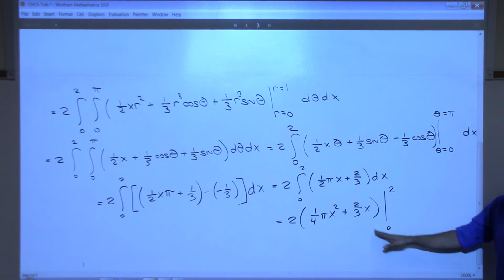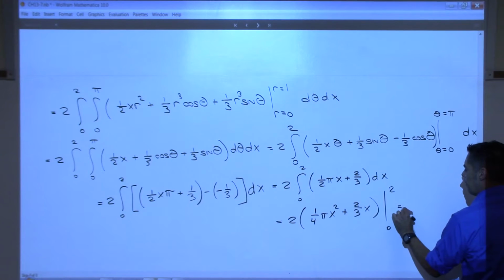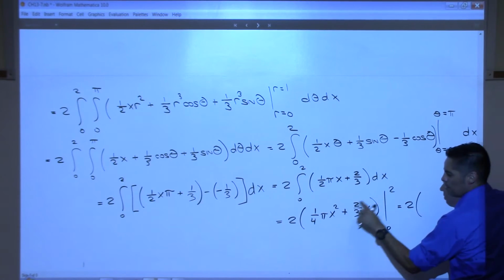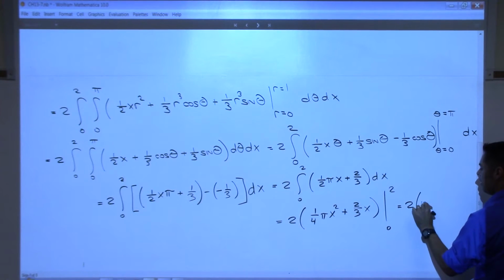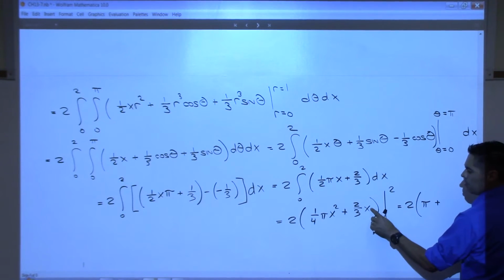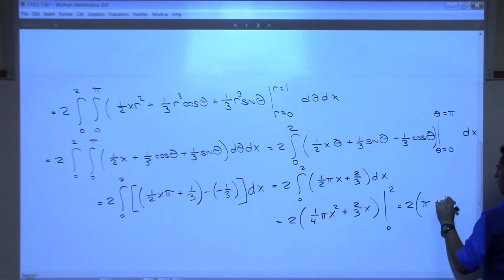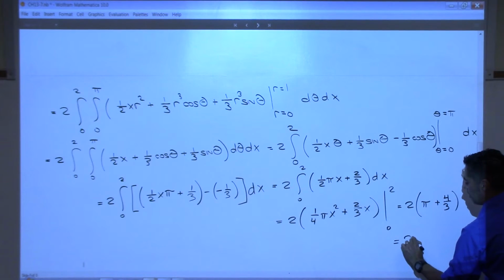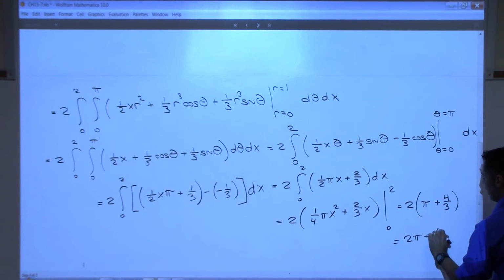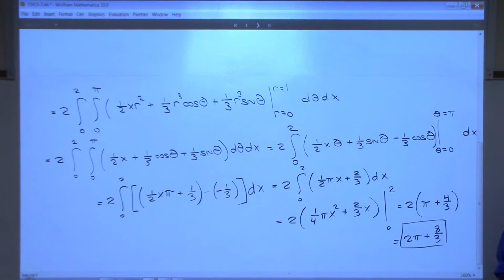When I plug in 0, it's all gone, right? When I plug in 2, let's see what I get. 2 squared is 4, but then 1/4, so just pi, and then plus, plug in 2 here, 4/3, but then times 2. Oh, wait, sorry, I haven't done that yet. 4/3 like that. And then you can distribute the 2 through: 2 pi plus 8/3, which is the same answer you would have got had you done it the other way.